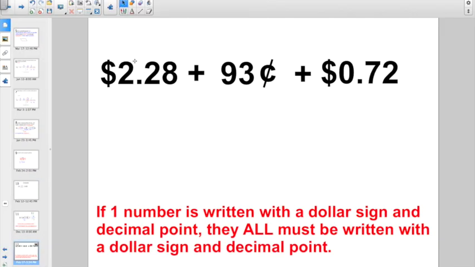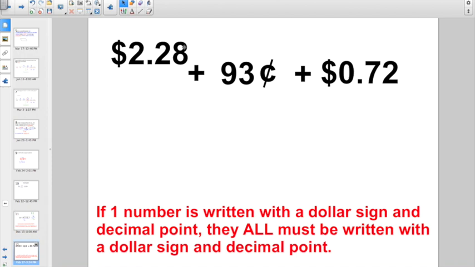Check out this one. We have $2.28 plus 93 cents plus 72 cents. The big trick on this one is to remember, if one number is written with a dollar sign and a decimal point, they all have to be written with a dollar sign and a decimal point.